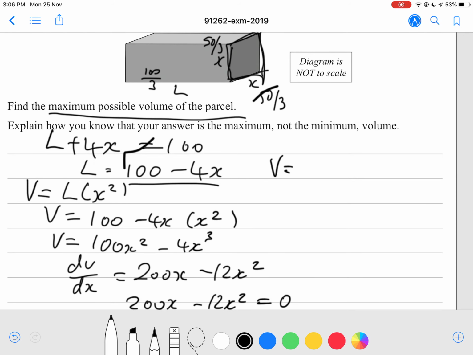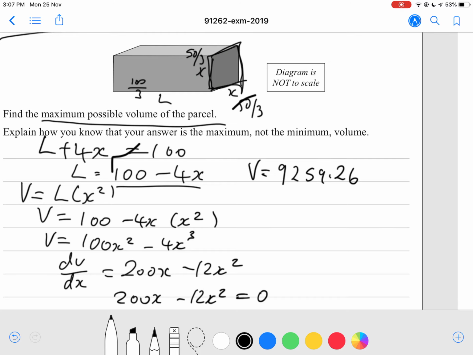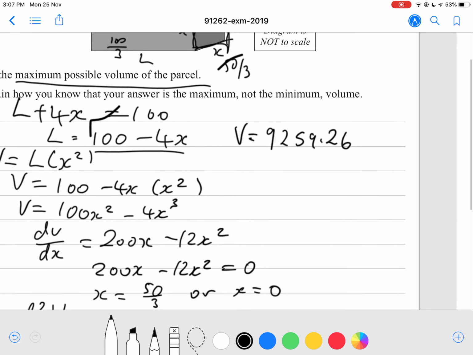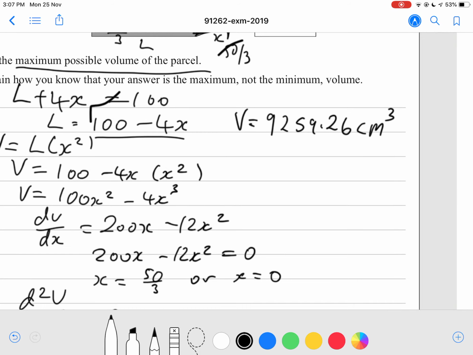So V equals (50 over 3) squared times 100 over 3, which is 33.3. We should get V equals 9,259.26. And our unit is centimeters, so centimeters cubed would be our final answer here.